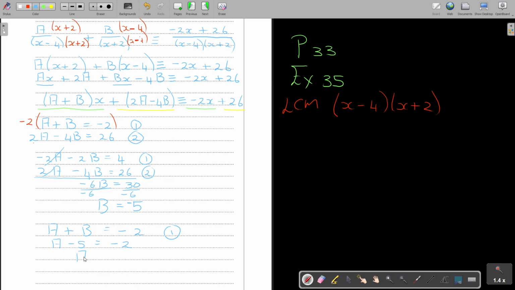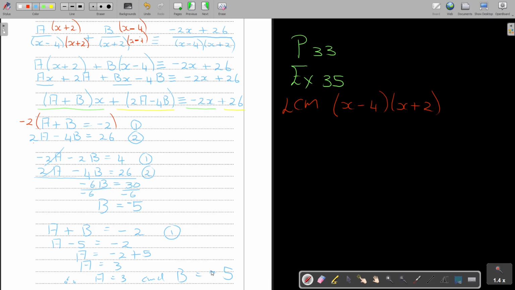So the value of a is equal to negative 2 plus b. The value of a is equal to 3. So therefore, the value of a is 3, and the value of b is negative 4. Actually, a very, very easy one.